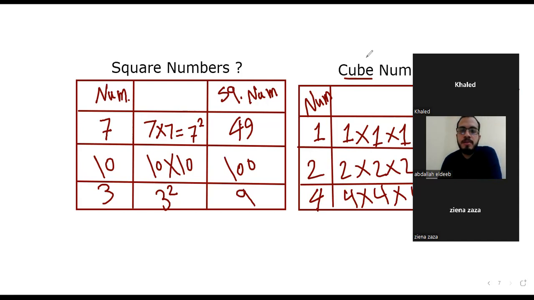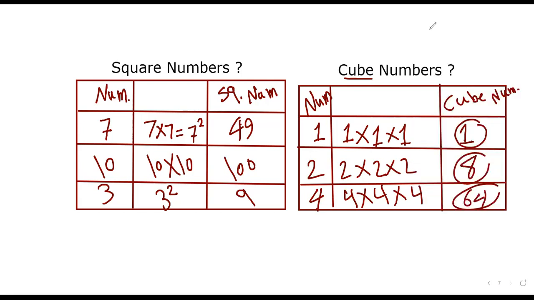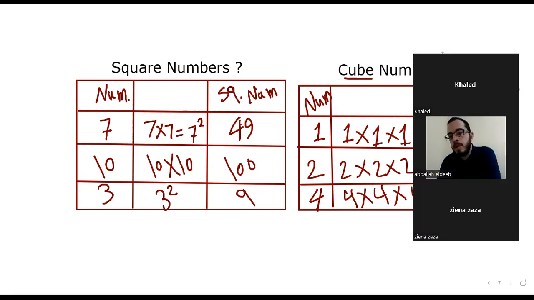Zena, you understand what is the cube number? Yes. Okay, now it is your turn. I start with Zena. Zena, can you tell me an example of a cube number?